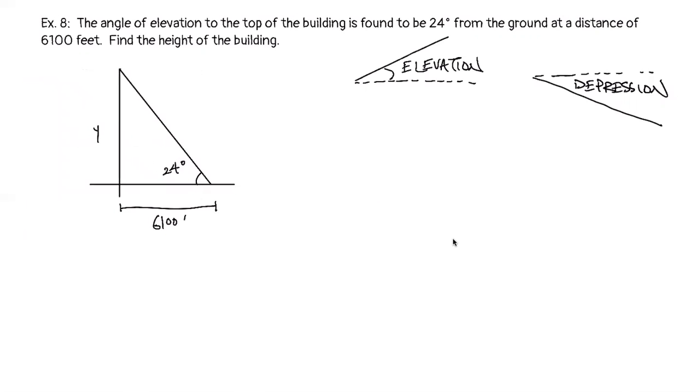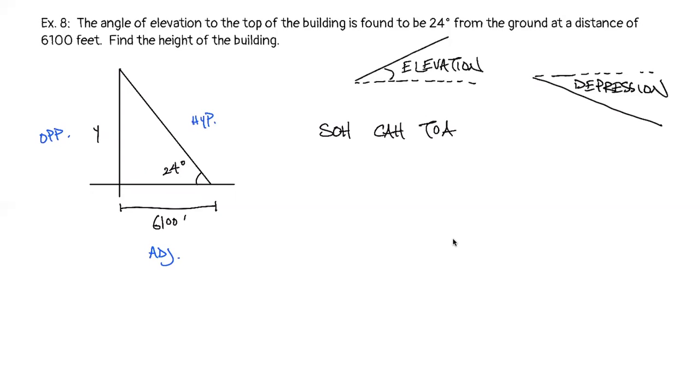Okay. Now, from our theta, let's label our hypotenuse, our opposite, and our adjacent. Okay. And let's think back to SOHCAHTOA, because we need to pick one of these to use.